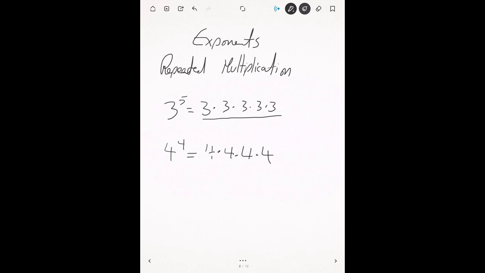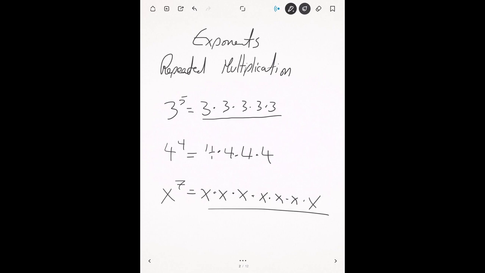All right, pretty basic. And then if I took a variable, we can work with that too. X to the 7th, that means, count with me, x times x times x times x times x times x times x. I got 7 x's there. That's what exponents imply, repeated multiplication.